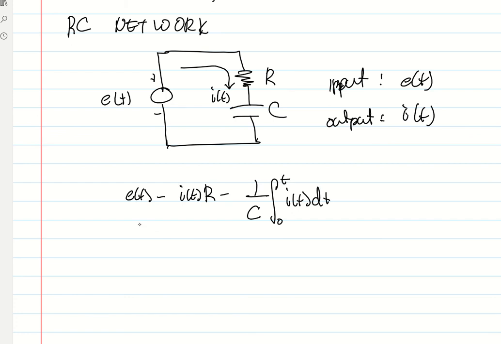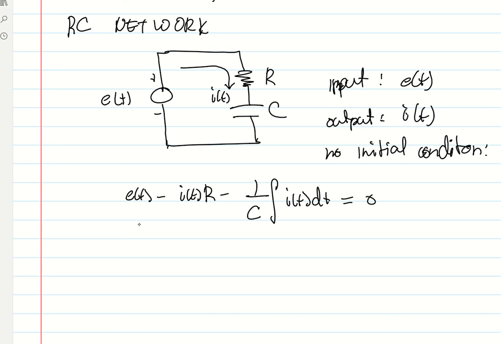You can remove the limits if you want, because we always start at 0 up to a certain value of time; there's no negative time. If you have any initial condition, you put it here, but we assume no initial condition. So we can just remove the limits from 0 to t. And this should be equal to 0 according to KVL.